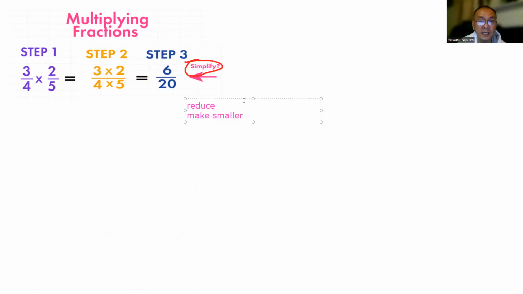Because 20 and 6 are both even numbers, you can divide them by 2. So 6 divided by 2 is 3. 20 divided by 2 is 10. So that's your answer in simplest form, because then you cannot make 3 smaller with 10.